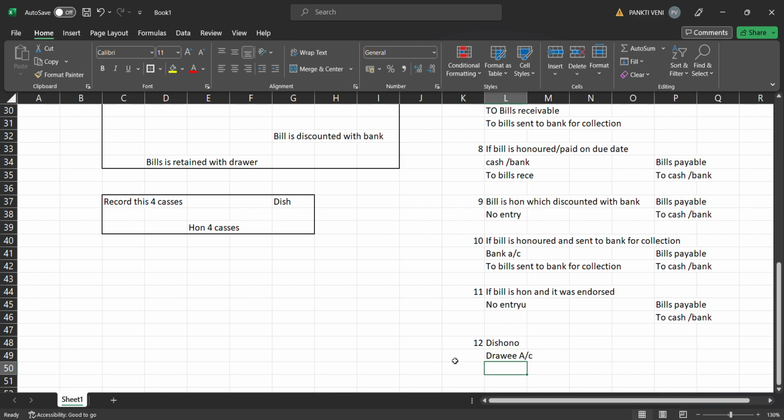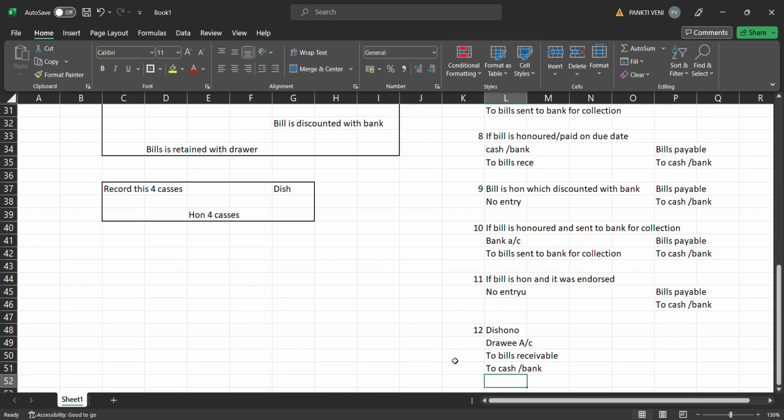So drawee's account debit, you'll have to collect it from your customer, to bills receivable, to cash or bank account. Why cash or bank account? Here I'll write in brackets, noting charges.